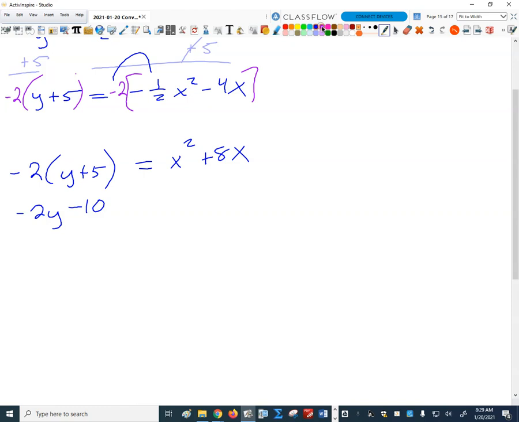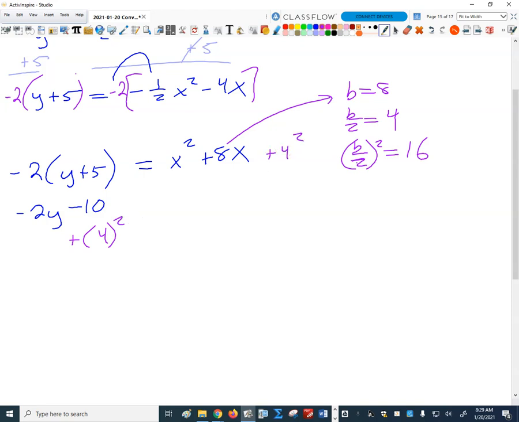Well, we have to identify what b is. b is equal to 8, so b over 2 equals 4. Therefore, we know that b over 2 squared is going to be 16, right? So we're going to add to both sides b over 2 squared, so 4 squared.